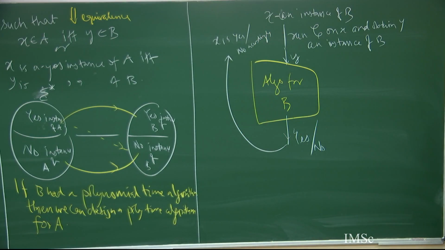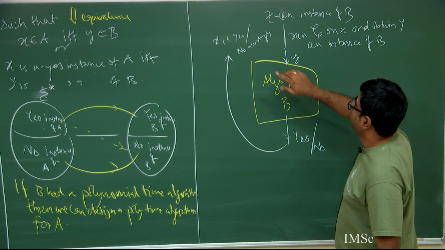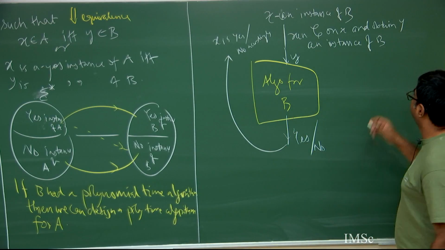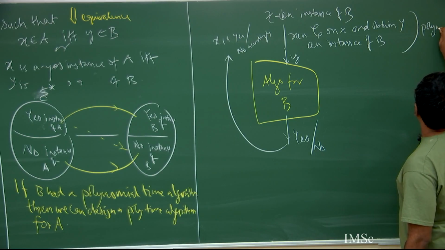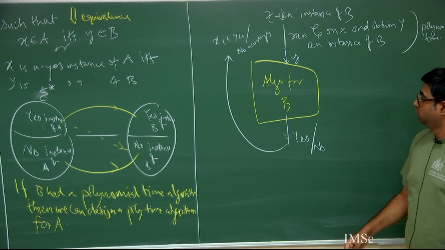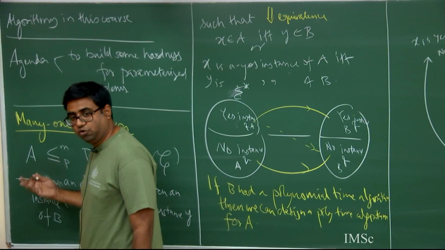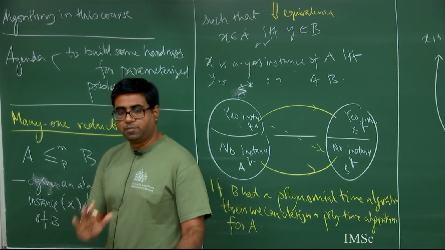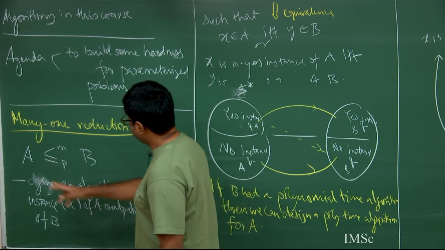And since we have assumed this algorithm to be polynomial time and we want the whole algorithm to run in polynomial time, it is imperative that this algorithm C also runs in polynomial time. So this is what you do when you are trying to design a many-one reduction to show a problem to be NP hard. Let's fix the word NP hardness, because NP completeness I do not want to go into.